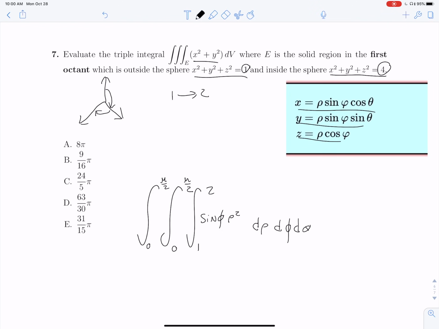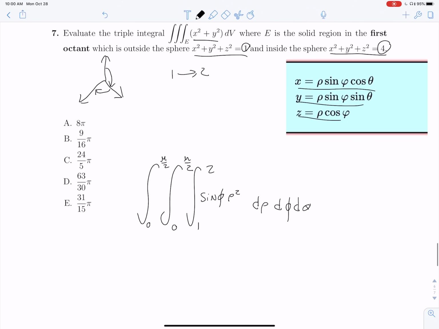We have to change this x squared plus y squared into spherical coordinates. So let's replace our x squared with rho squared sine squared phi cosine squared theta, and then our y squared will turn into rho squared sine squared phi sine squared theta.